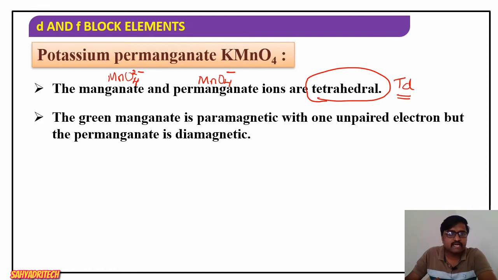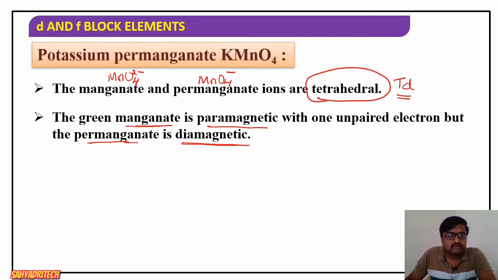Then regarding magnetic property, the manganate ion is paramagnetic, while the permanganate ion is diamagnetic. That is another difference. Though both have the same geometry, regarding magnetic property, the manganate ion is paramagnetic and the permanganate ion is diamagnetic.